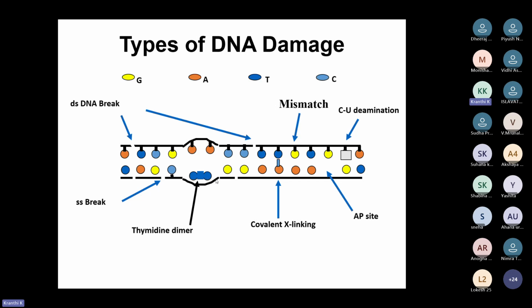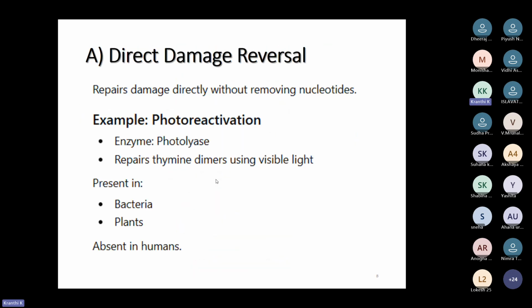This is called photoreactivation. There is an enzyme called photolyase, which gets activated through sunlight. Photolyase repairs thymine dimers using visible light only. It is present in bacteria and plants, but not in human beings.